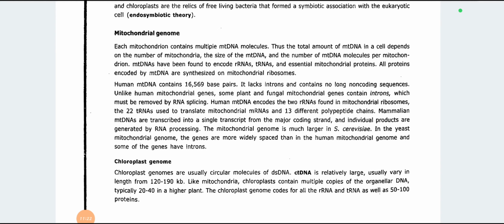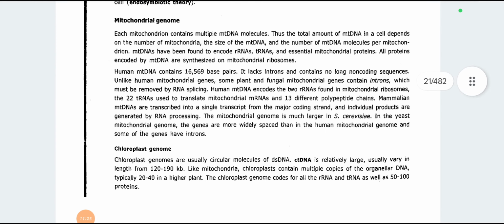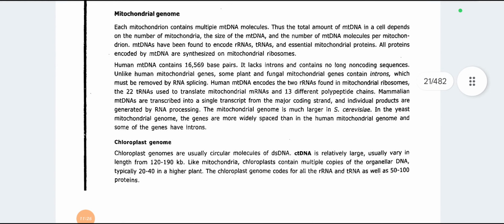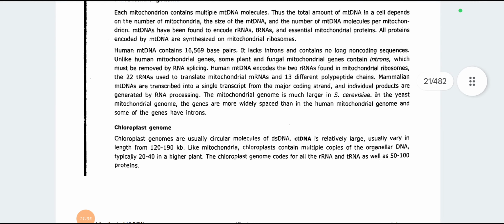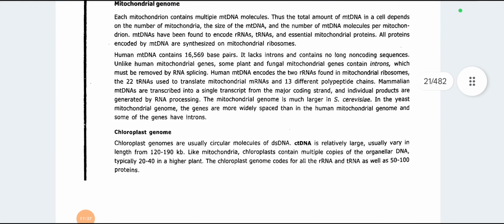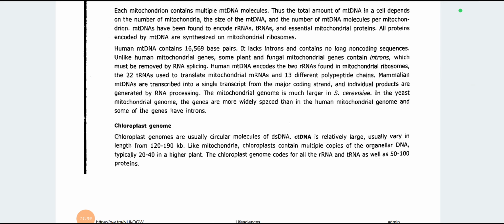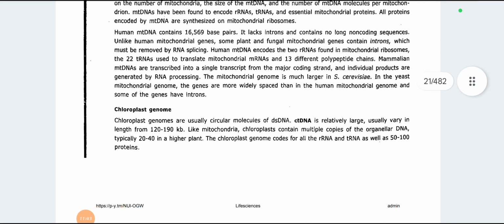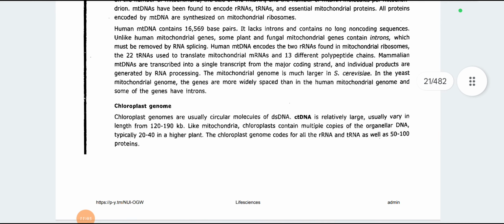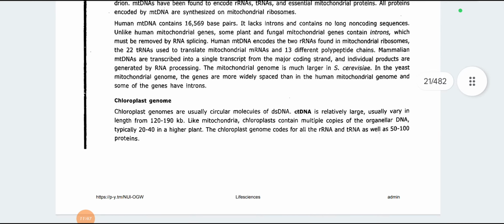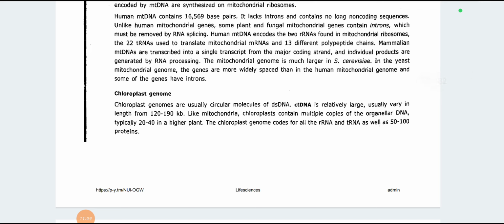Mitochondria contain multiple mitochondrial molecules, and the total amount of mitochondrial DNA depends on the number of mitochondria, the size of the mitochondria, and the number of mitochondrial molecules per mitochondrion. This mitochondrial DNA encodes rRNA, tRNA and some mitochondrial proteins, and they are synthesized on mitochondrial ribosomes, not cytosolic ribosomes.